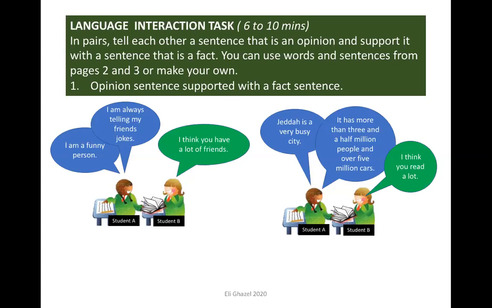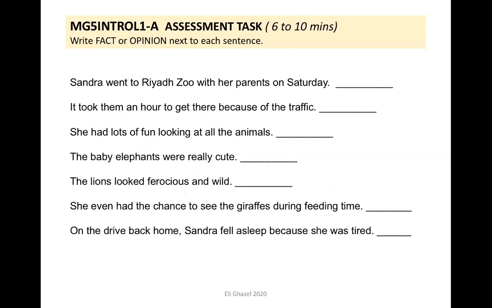Got it? All right. Now, the last part is assessment. So notice the code here. It's Mega Goal 5 Intro, Lesson 1, Part A. This one is easy. I made it easy so you as a teacher can say, if we have problems here, we cannot go to a more difficult one. So this is going to be 2 levels.